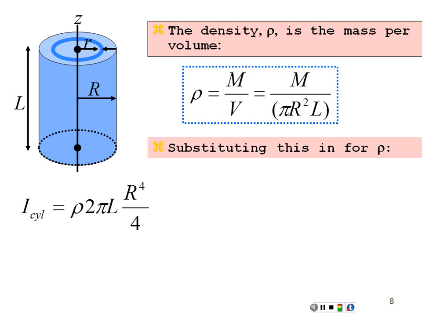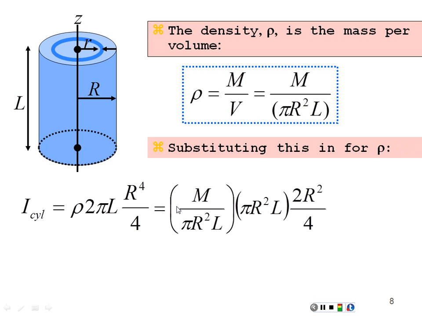Density of the cylinder is the density, mass over pi r squared L, times, and I'm going to factor out a pi r squared L of this other term, times 2r squared over 4. The pi r squared L's cancel out, and I end up with mr squared divided by 2. That is the moment of inertia of a solid disk, of continuous solid disk, mr squared divided by 2.